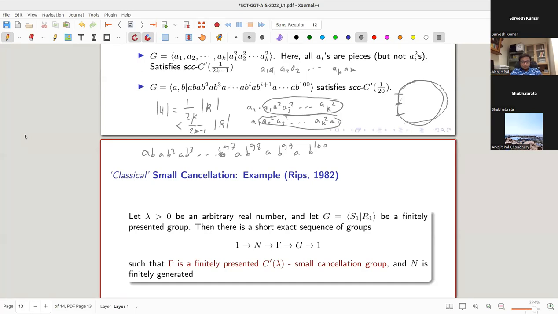I'm not saying b to the 100, but some lesser power. My question is, can we see some piece somewhere hidden in this expression? This is a one relator group, right? So whatever pieces I have, they must come from this relator, from b to different powers cyclically. 99 will be one. Yes, but can you find a larger one?